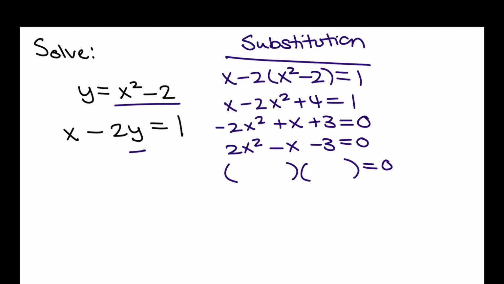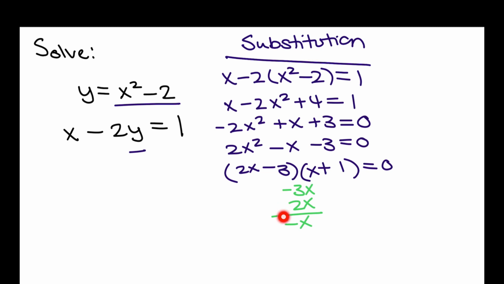I'm going to use the trial and error method, so let's see if the first term is a 2x squared. If I can factor this, it's got to be a 2x and a 1x. And if the last term is a 3, it's got to be a 3 and a 1. If I guess and check and play around with where I put the numbers, if I put the 3 with the 2x and the 1 with the x, then my inner terms are 3x, outer are 2x.